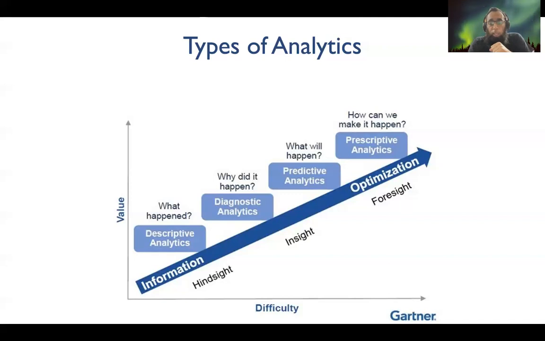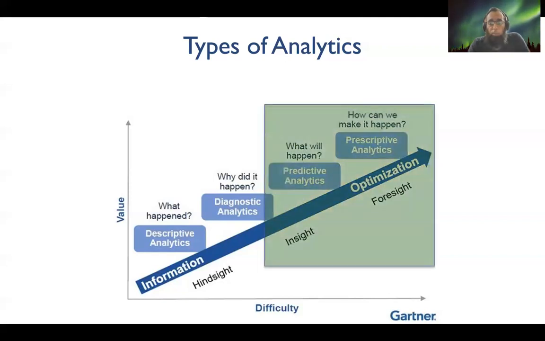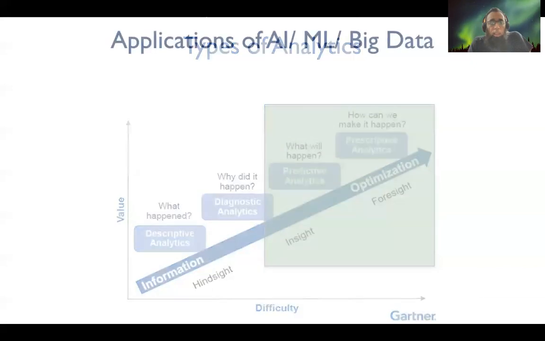This is known as prescriptive analytics. AI gives you all of these powers, and the real promise of AI and how it is currently being used is in predictive analytics and prescriptive analytics.